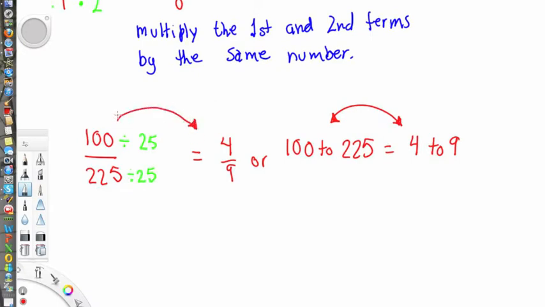They're equal to each other just as much as two fractions would be equivalent fractions. Same type of order here. And we'll even write this.